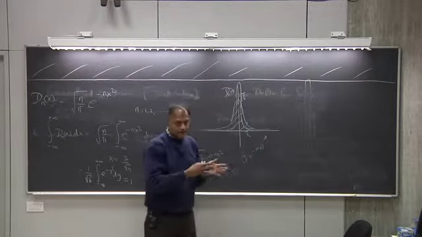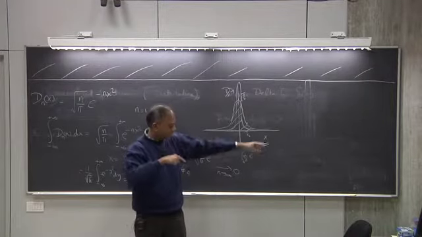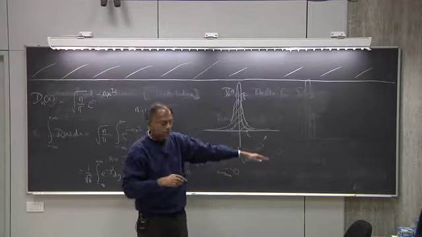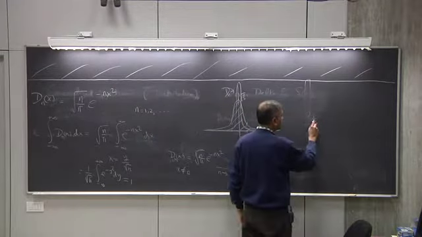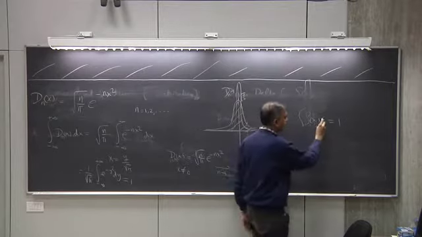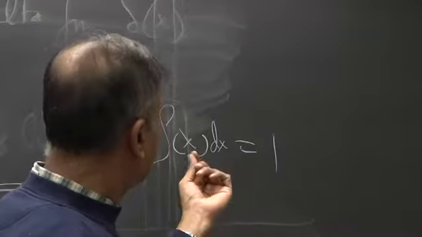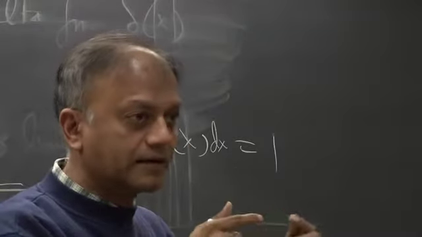Physically, that's what we wanted. Remember, for the problem of the charge density, we wanted the integral of the charge density dx to be 1, or q of something. So let's say 1. But we want to take the point particle limit.